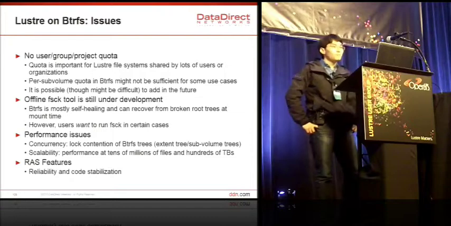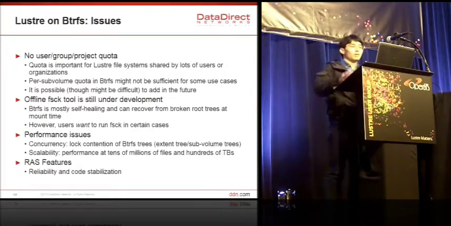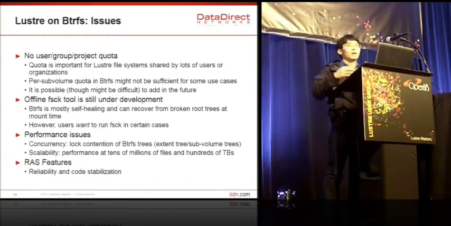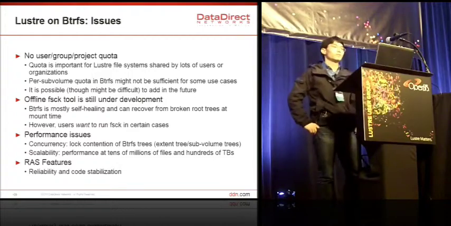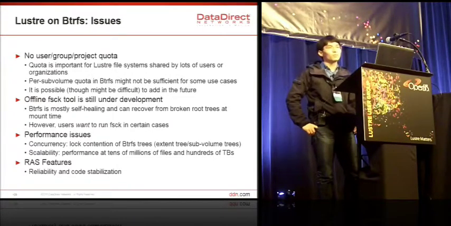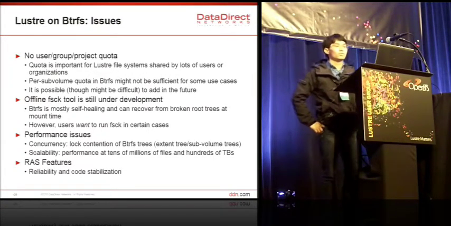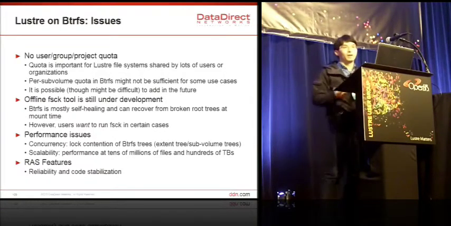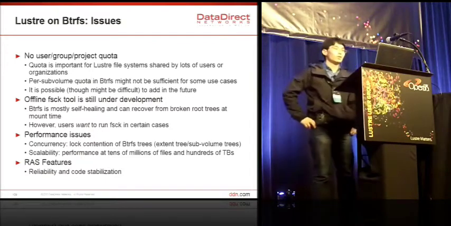Well, maybe Btrfs doesn't need an offline fsck tool because it is almost self-healing. Sometimes users just want to run fsck, no matter whether it is really necessary or not.